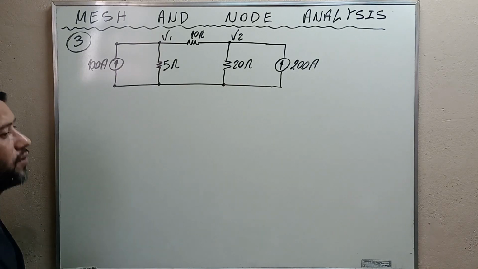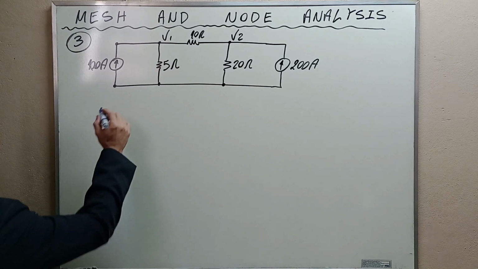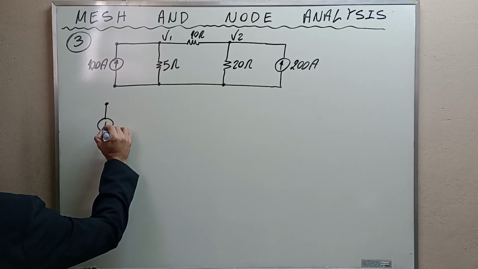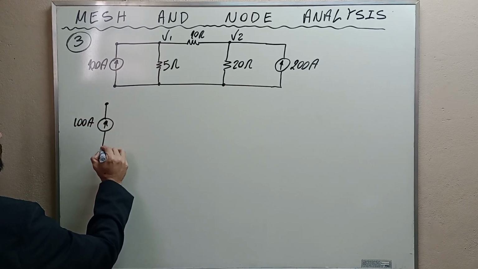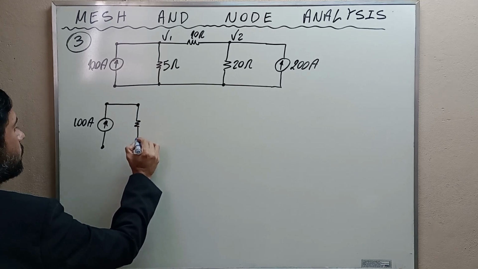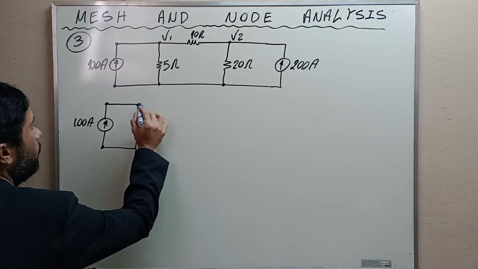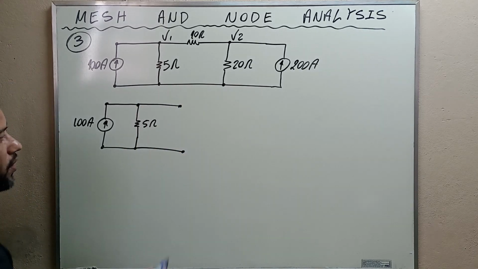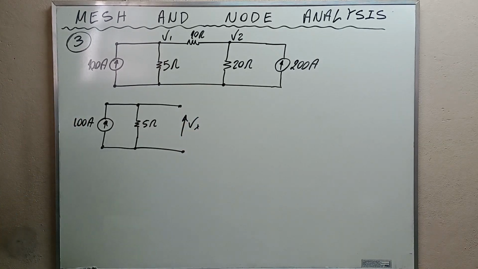Alright, then I am going to convert firstly, let's do it. Let's convert this current source into a voltage source. This is 100 amps. This is 5 ohms. And I'm going to label this voltage here Vx.